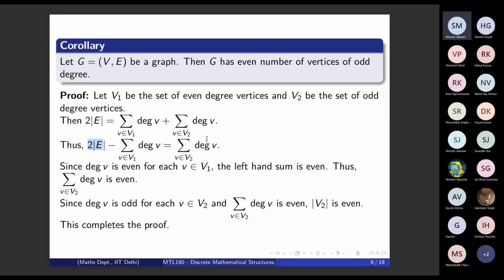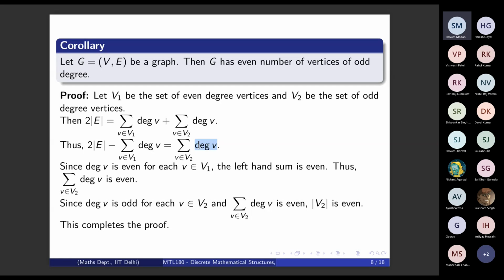Now the right side is even, but note that for each V belonging to V2, degree of V is odd, and if you add odd numbers an odd number of times, you will again get an odd number.